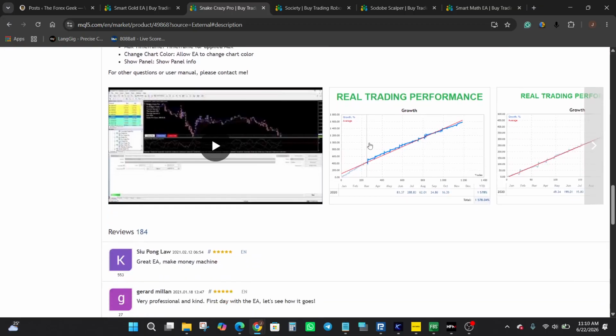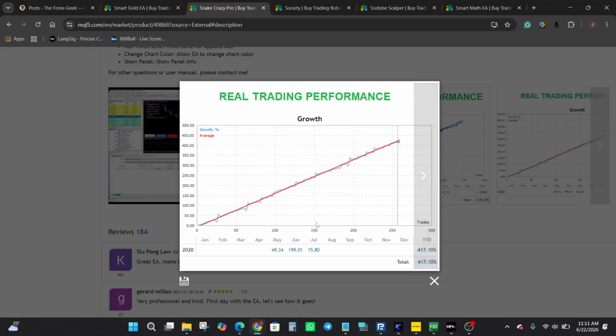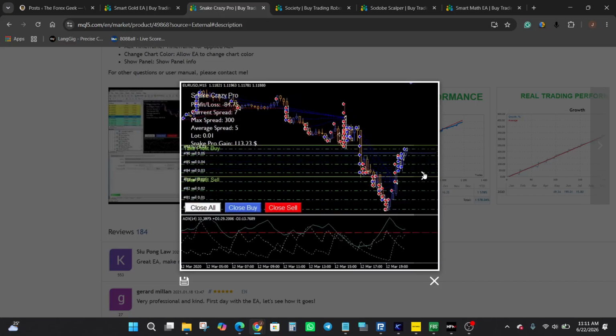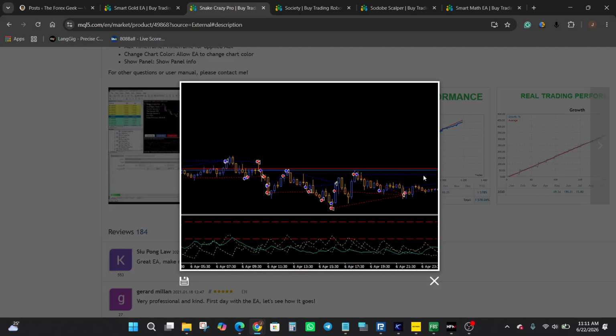Now let's look at the historical backtest results that are provided here on the page. Here I can see a growth of over 1,500% from June 2020 to October 2020. And this shows May to July 2020, 417%. All right, this shows the EA in action, and so on and so forth.